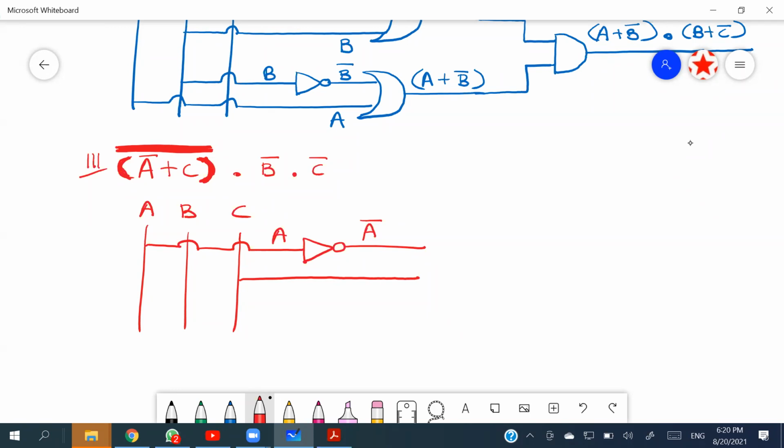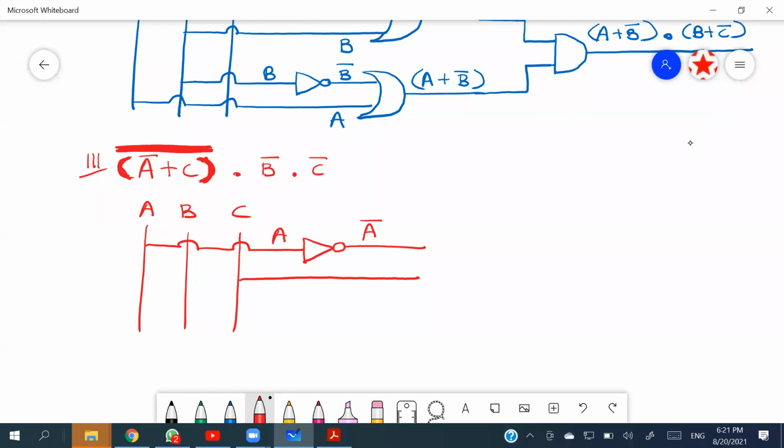If you are using the combinational gates, it doesn't mean it is wrong. But if the question says specifically to use only basic gates, it is a must that you use only the basic gates, right? So I'm drawing things using the basic gates.